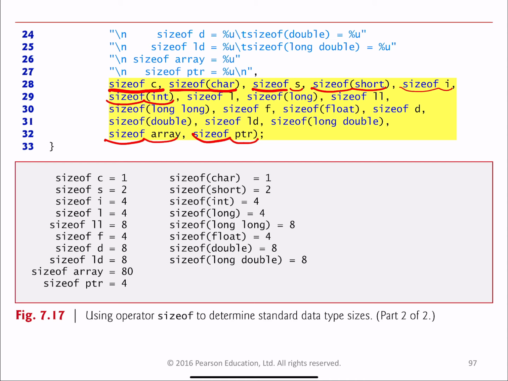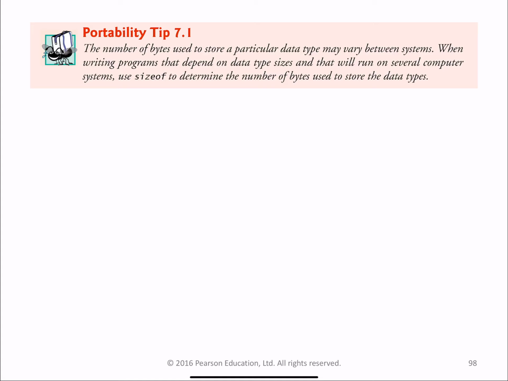We execute this and we get as output something along these lines. Actually, in this example, we'll see the exact same values when I run this on my system. Now, I keep emphasizing that this is what we'll see on my system, and that is because the size of different data types may vary on different systems.